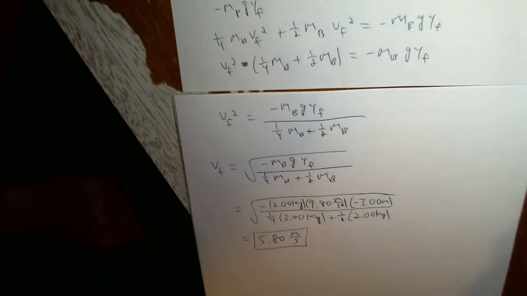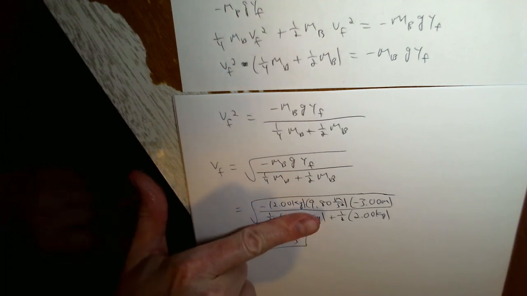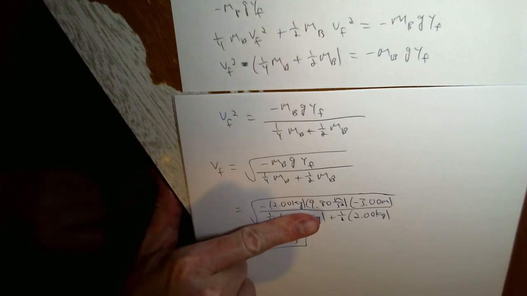And if you cut the rope and let the bucket fall from rest without spinning up the drum, the 1/4 times the 3 kilograms would be missing, and everything else would be the same.